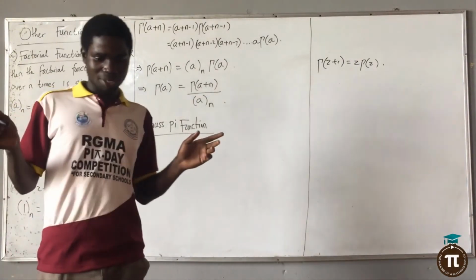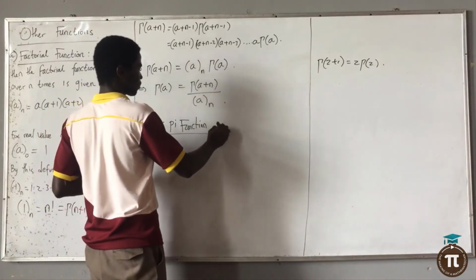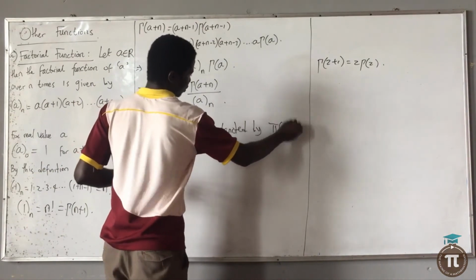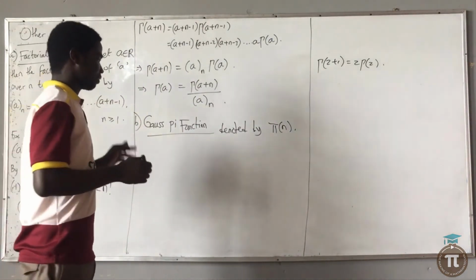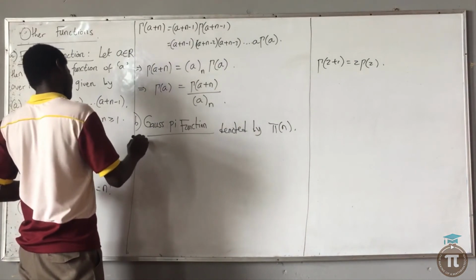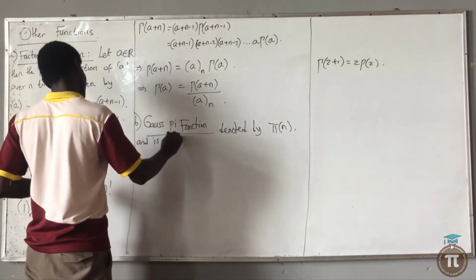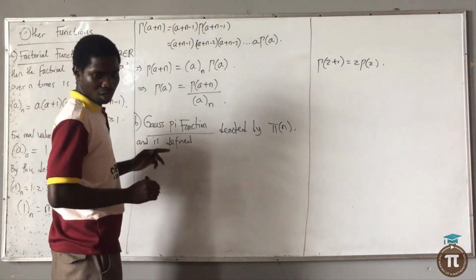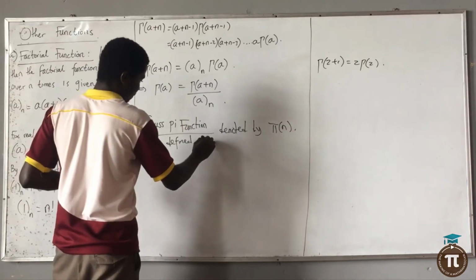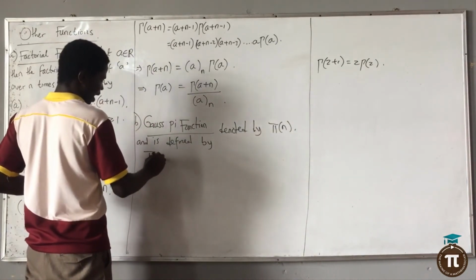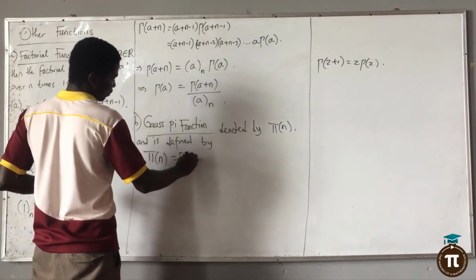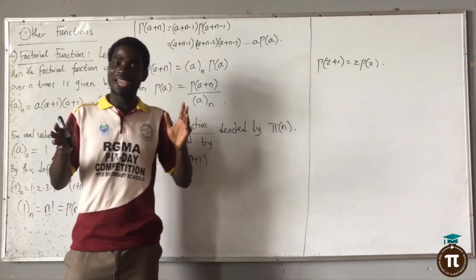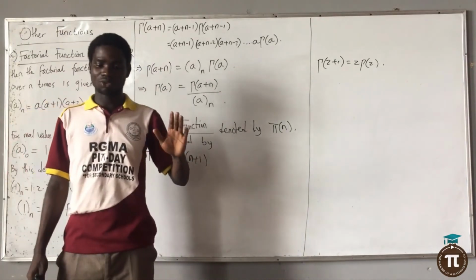It is denoted almost like a product symbol, and is defined by: the pi function of n is equal to the gamma function of n plus 1.